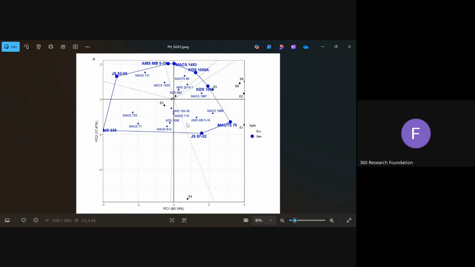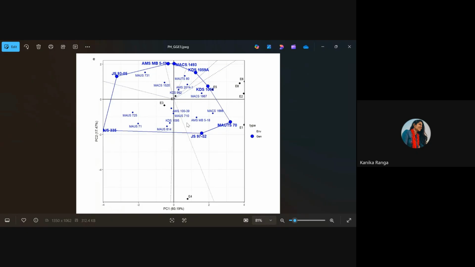You can say 1667 as well, like what you interpreted in the earlier graphs. So the same interpretation if we consider adaptability and stability: KDS 992 will be stable and best adapted to the E7 environment.